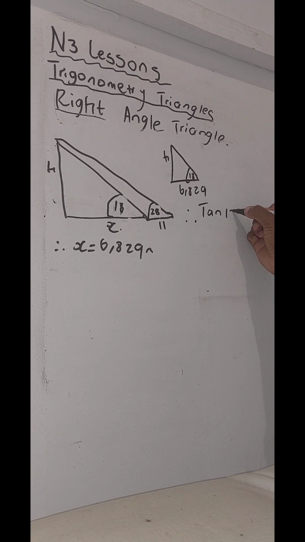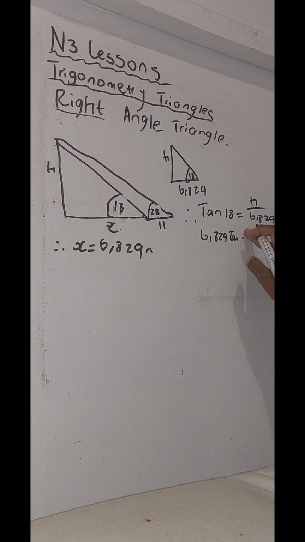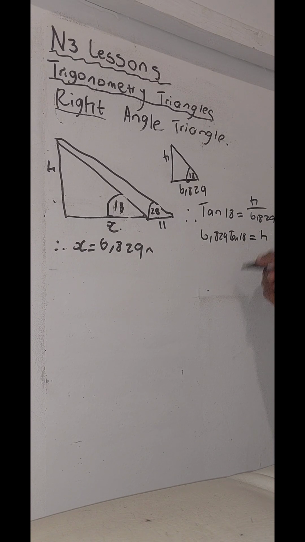Tan 18 degrees is equal to opposite h over 6.829. We're going to multiply this on both sides. 6.829 tan 18 is equal to height.